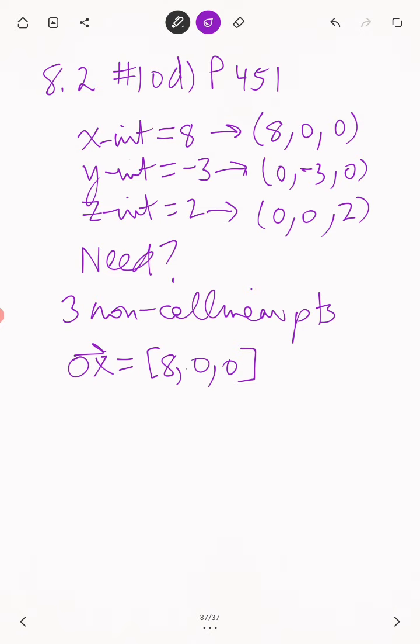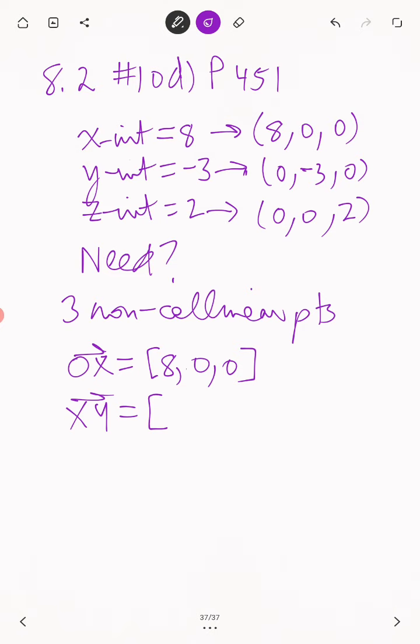And then I need two direction vectors for the plane to write the vector equation. Since these points are all in the plane, any vector that starts at one of them and ends at the other would be a direction vector for the plane. So I'm going to find, for example, the vector that goes from the x-intercept to the y-intercept.